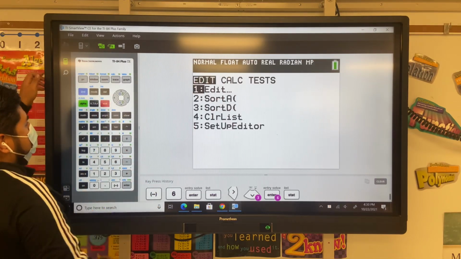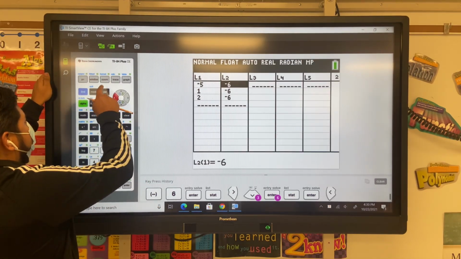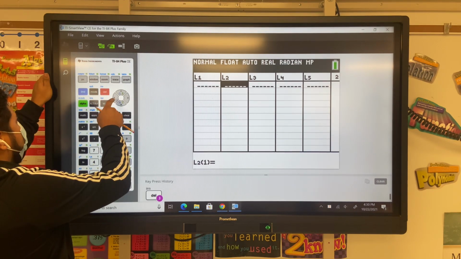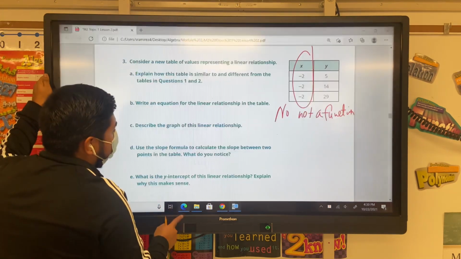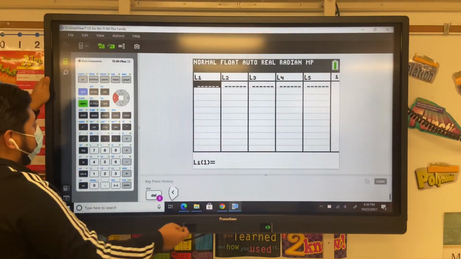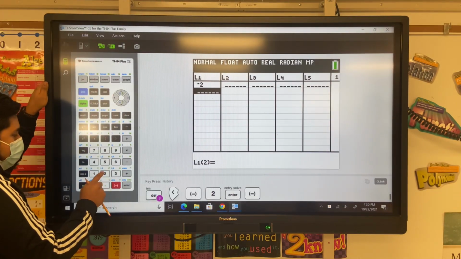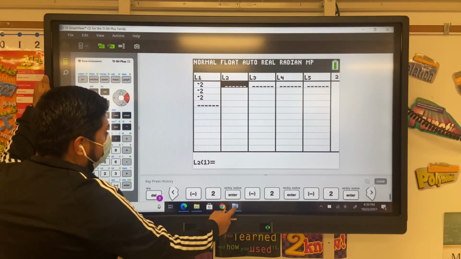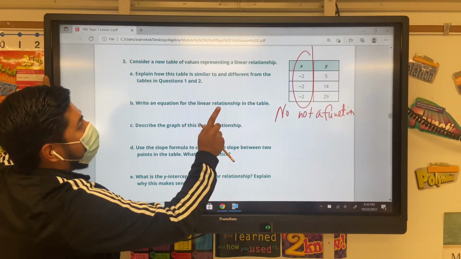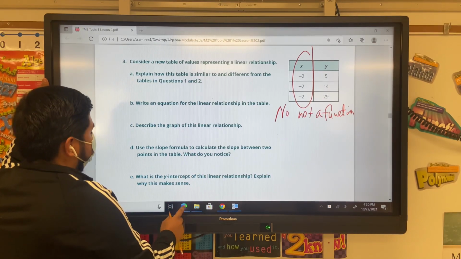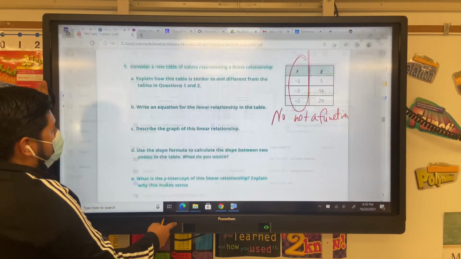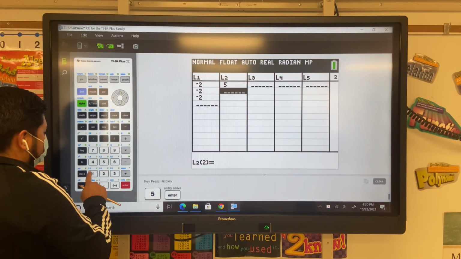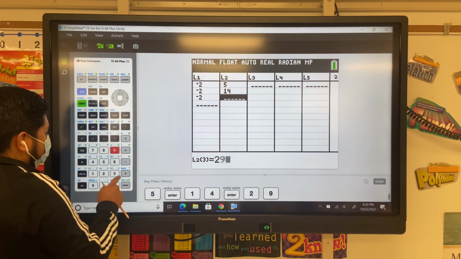Going to stat, edit, clear, then delete the numbers. Gonna check the table real quick just to make sure. All -2s, -2, enter, -2, enter, -2, enter. Going to the side, 5, 14, 29.